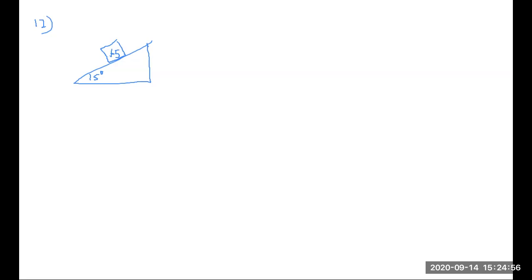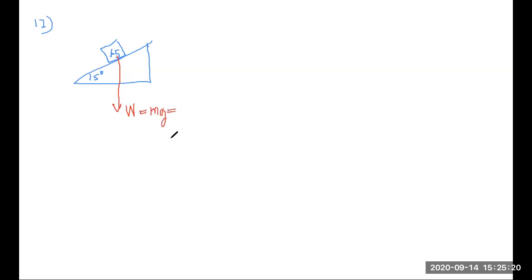I think it's really important to sketch them out before you start calculating them, because somehow the picture just leads you to the calculation so much more straightforwardly. Okay, so the forces are, we've got weight. That's acting straight downwards.